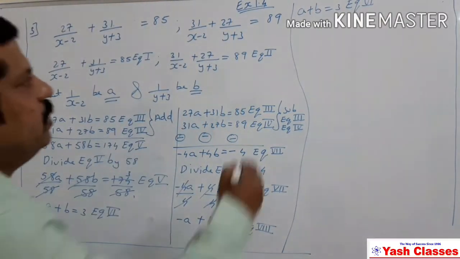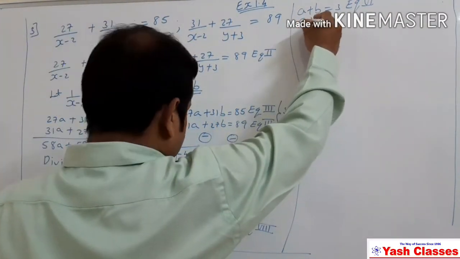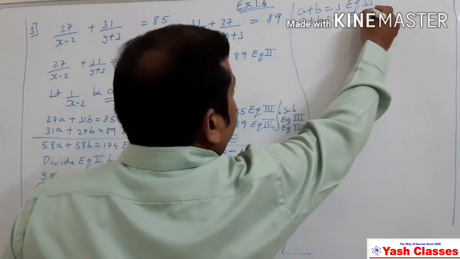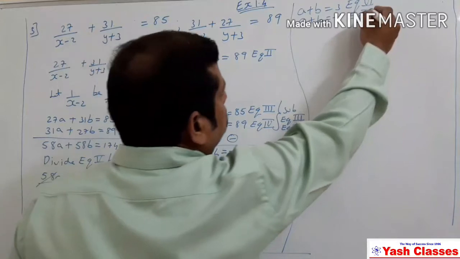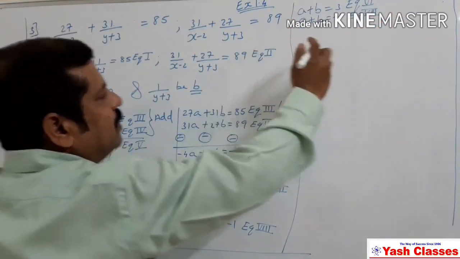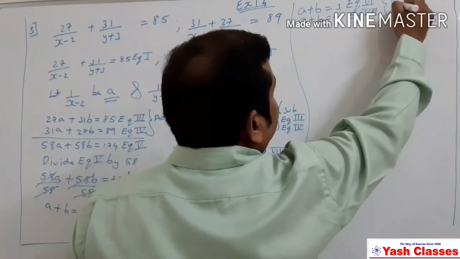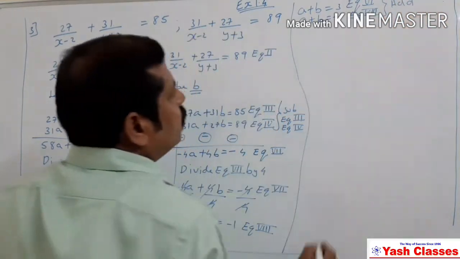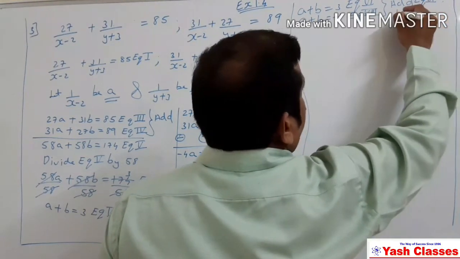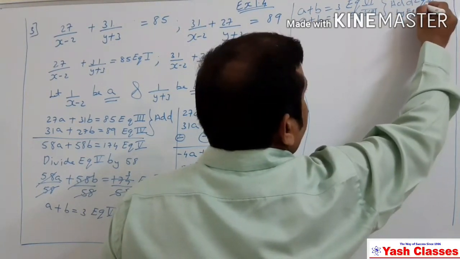And minus a plus b is equal to minus 1, equation number 8. Now one plus is there, one minus is there, so here you have to do addition. Add equation 6 and equation 8.